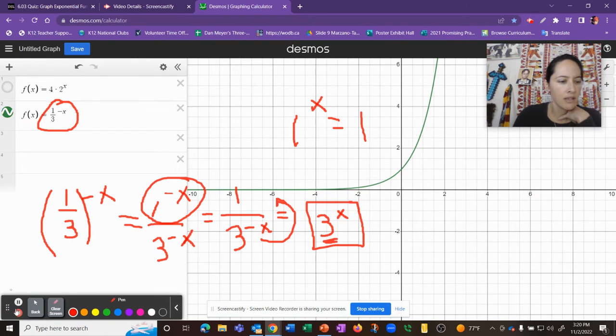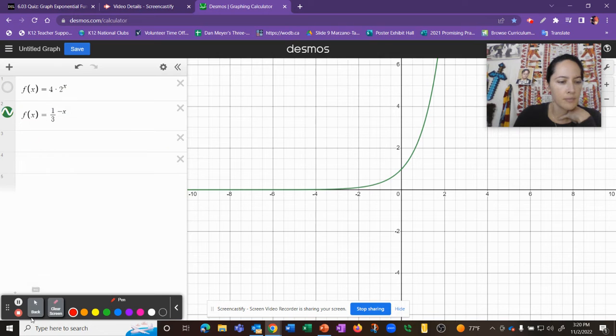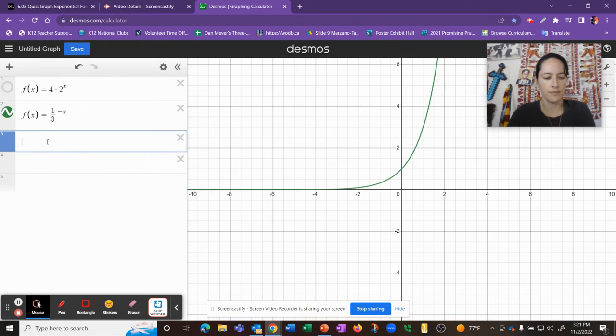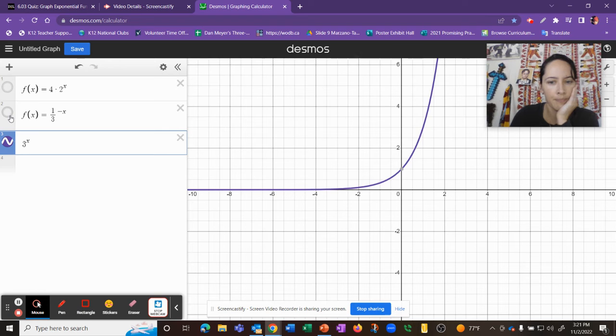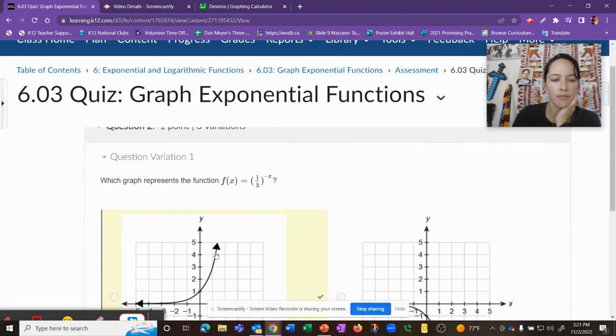So hold on, let me clear screen. 3 raised to the power of x. They're the same. Green, purple. They're the same. Okay, just keep thinking about that. It's important. So there you go.